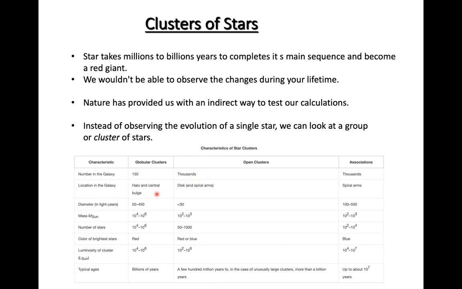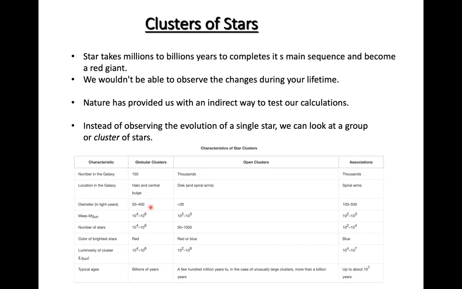We will talk about that in the coming lectures. The globular clusters are mostly located in the halo and the central bulge of a galaxy. If you can't understand what this means now, don't worry about it, because I will show you where the halo of the galaxy is, and the bulge and the disk, in coming lectures.